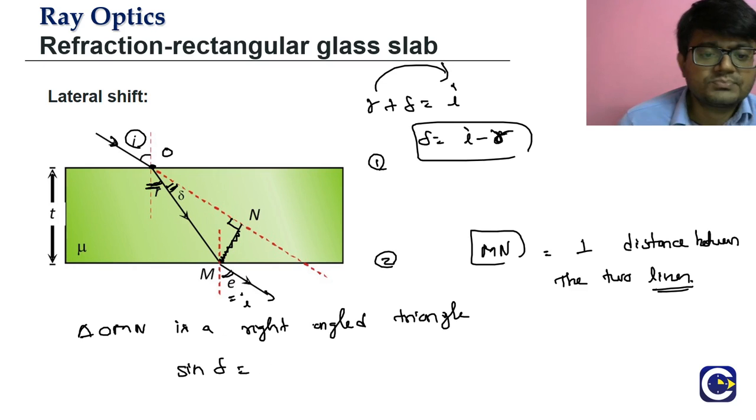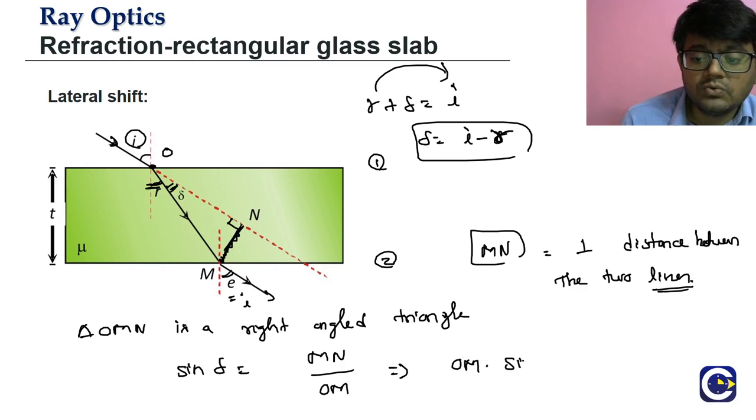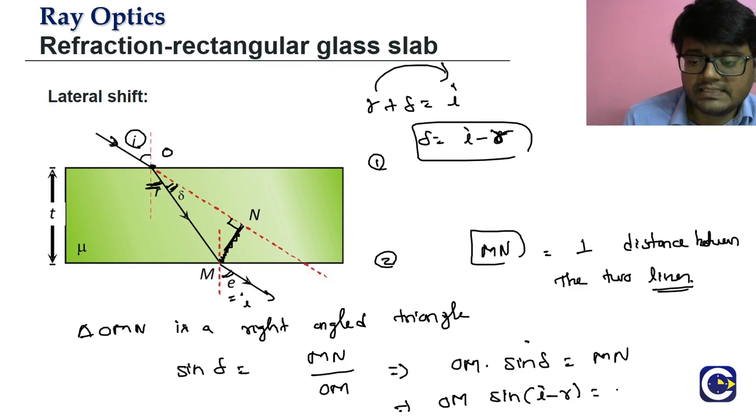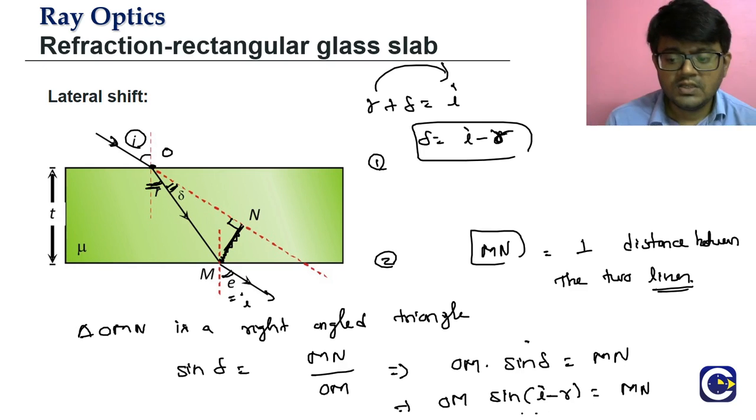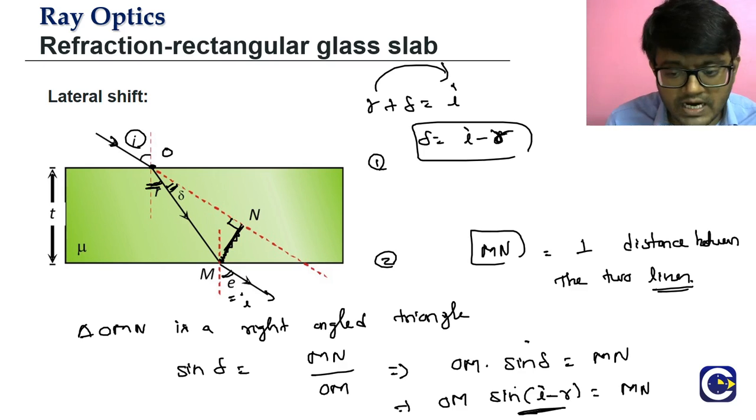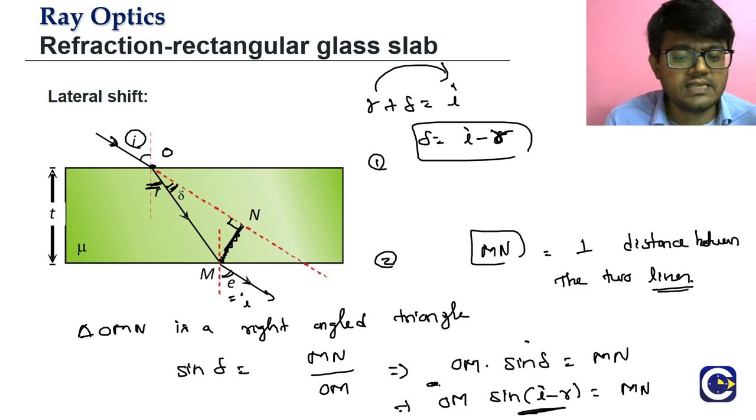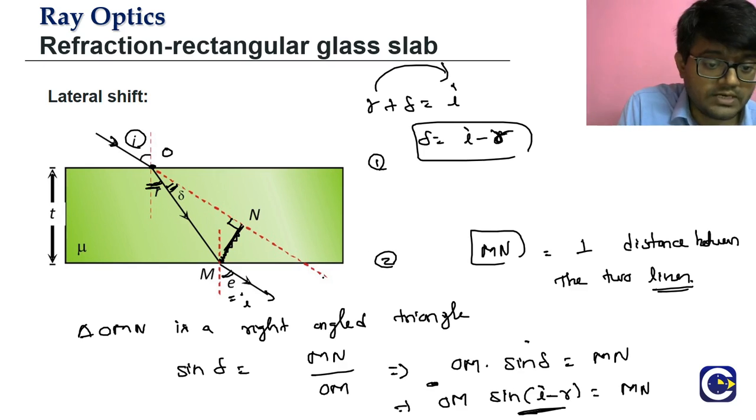Sine delta is MN by OM, which means MN equals OM into sine delta, that is, OM into sine of I minus R. We will know the value of I, and we will know the value of R. The only unknown is OM. If we get the value of OM, we have our lateral shift value.